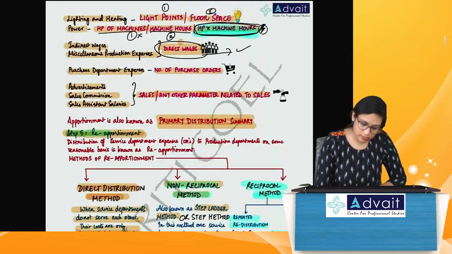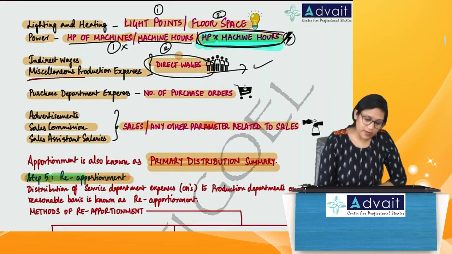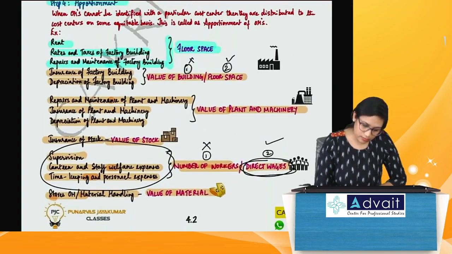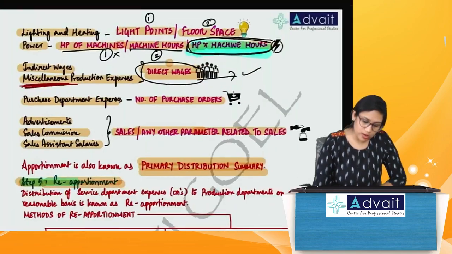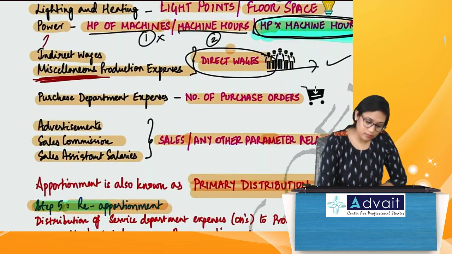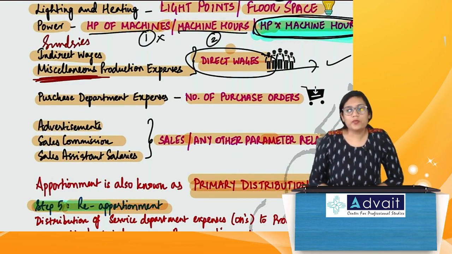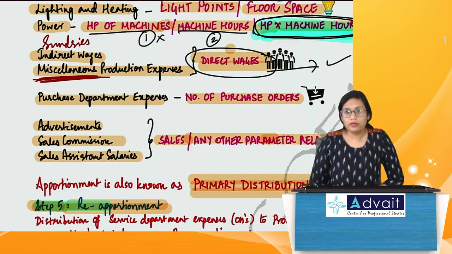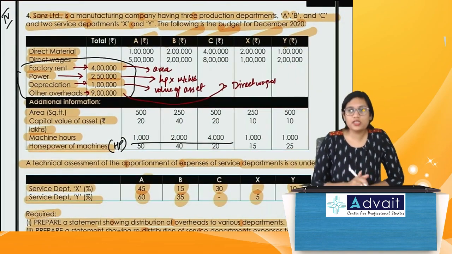See here: miscellaneous expenses or indirect wages. You can also add sundries there. We usually use direct wages to divide these kinds of expenses. So in the problem, this is sorted.